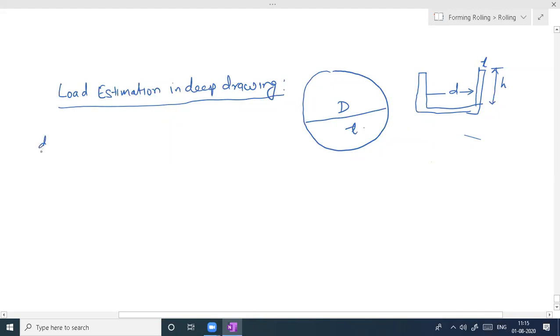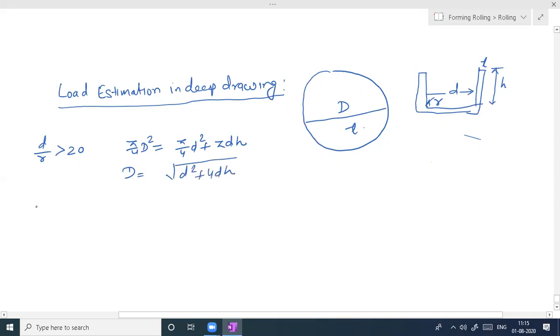We discussed the d by r ratio, that is the corner radius of the formed part. If d by r ratio is greater than 20, then we simply equate the area: pi by 4 D square, the area of the blank, is equal to pi by 4 d square plus pi d h, and then D is equal to square root of d square plus 4 d h.